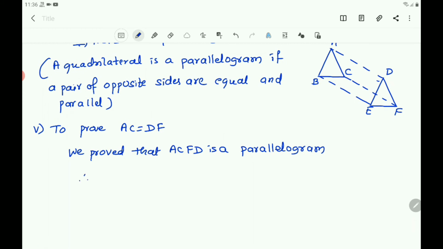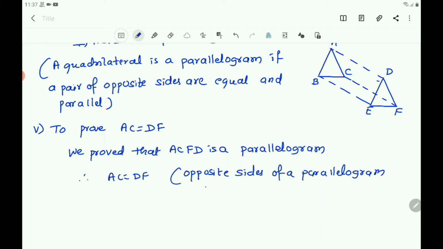Therefore, you can say that AC equals DF. You know that opposite sides of a parallelogram are equal. So you got the fifth one also.